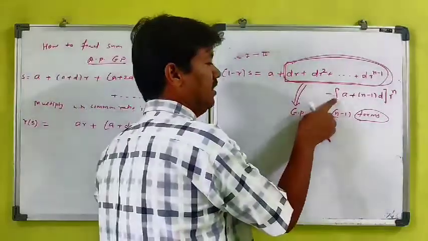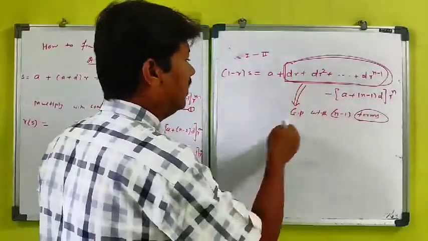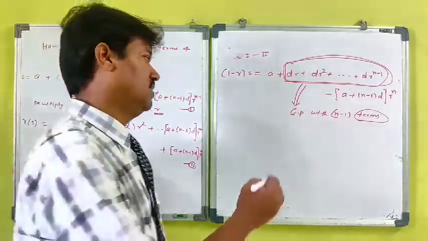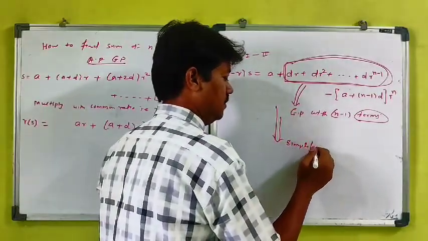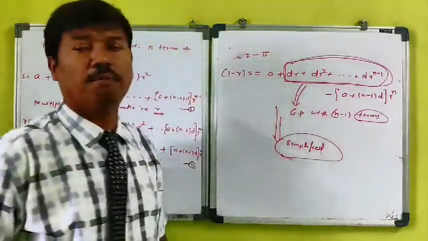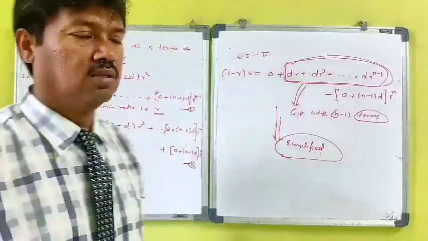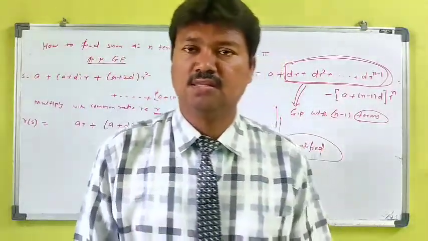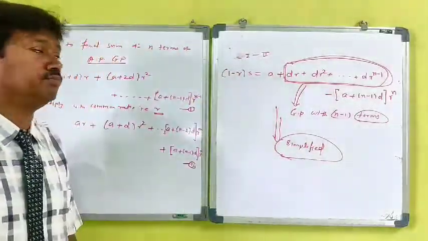We can say this A and this will get cancelled out. Take this bracket and this bracket together, and then divide by 1 minus R, and then simplify. This is the method to find the sum of n number of terms of AP-GP.